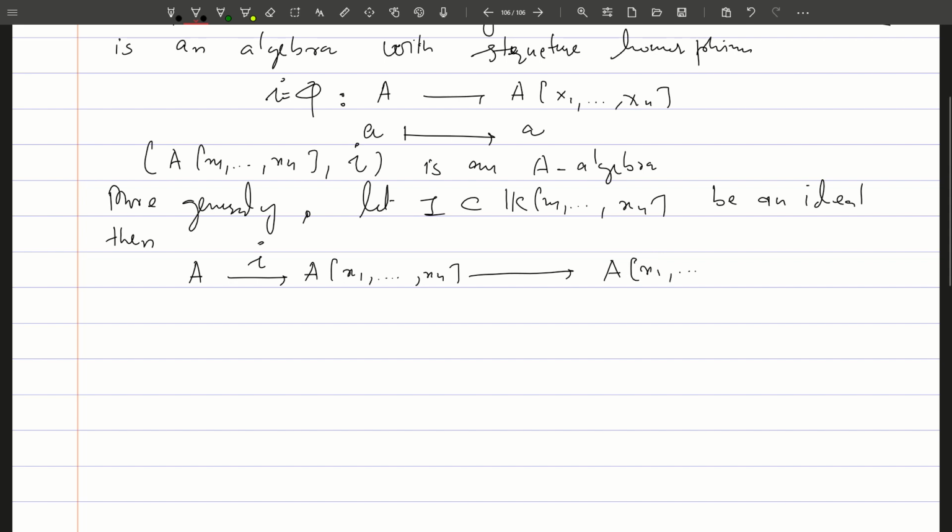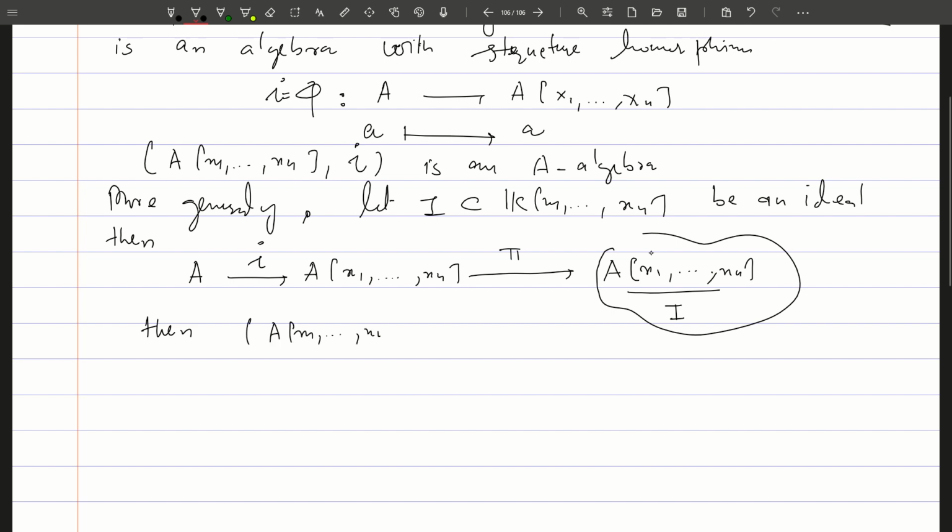So this is A[x1, ..., xn] mod I. This is the map pi. Then this ring over here is also an A algebra, with the structure homomorphism pi composed with i. So this is an A algebra.